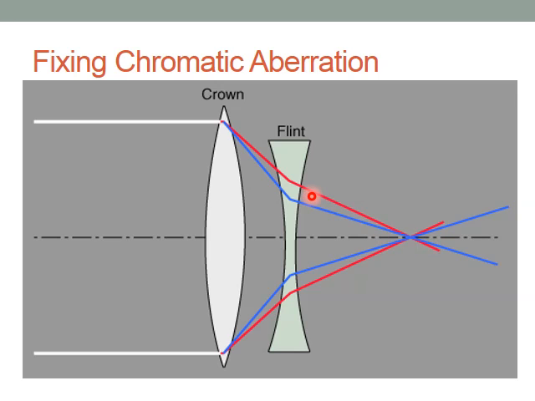It'll bend more because it's a lower or a shorter wavelength. And so it will unbend more than the red, and we get the right combo, the right shape, the right distance apart, and we can, boom, get them to actually merge at the same location. And so we can solve this by doing a bunch of fancy trickery with different types of materials and shapes of lenses and just balance it all right.